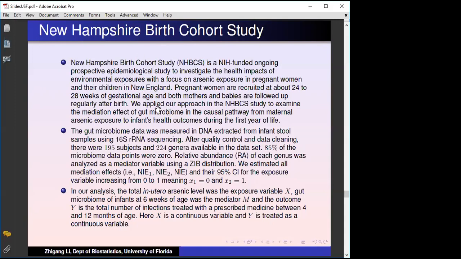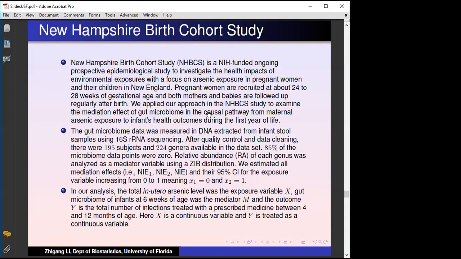This study examines how arsenic, if people drink underground water that contains arsenic, will have an adverse effect on the health of pregnant women and the children. And there were roughly, if I remember correctly, about 1,600 pairs of mom and babies in the study.